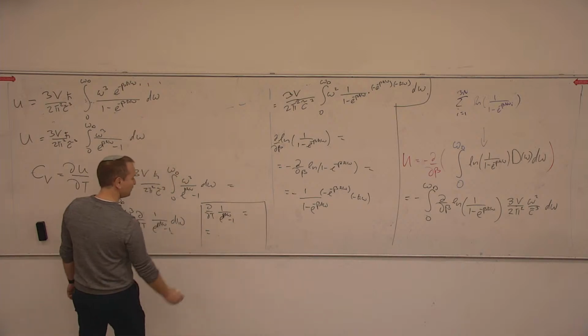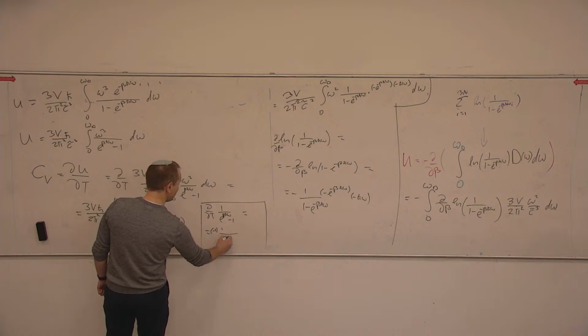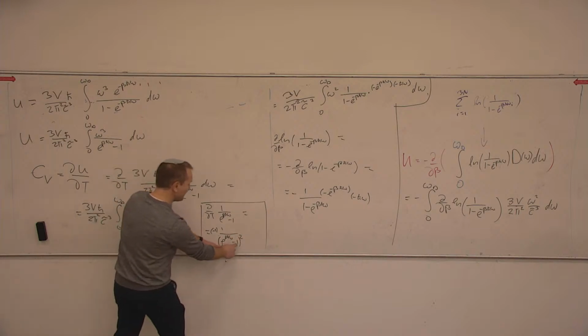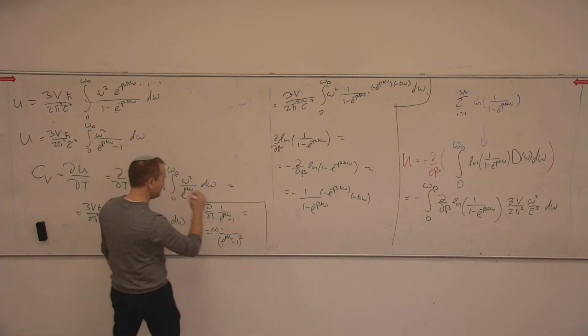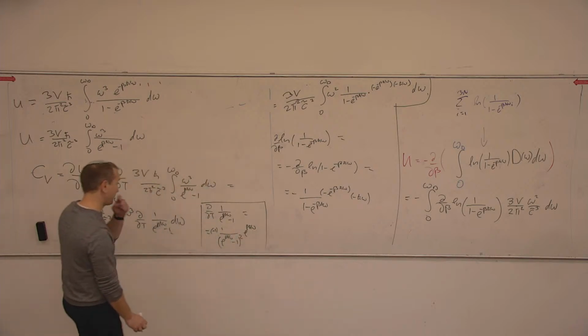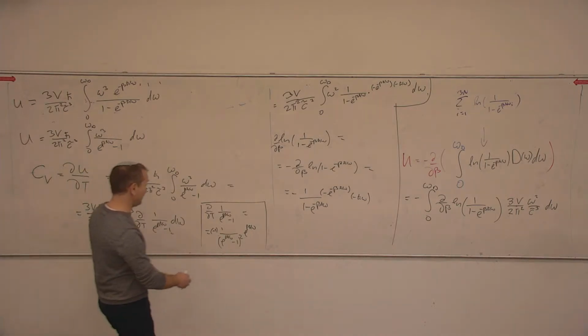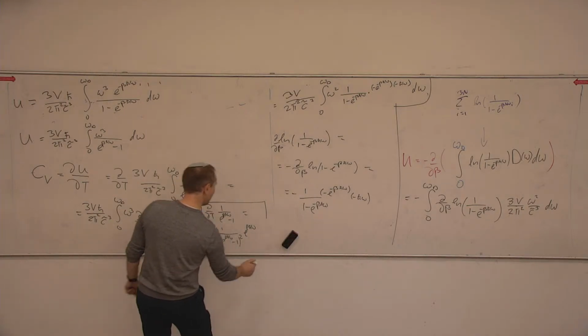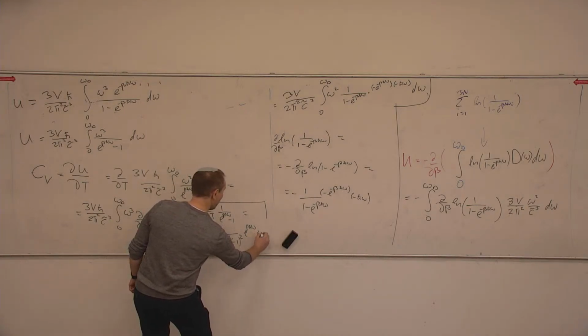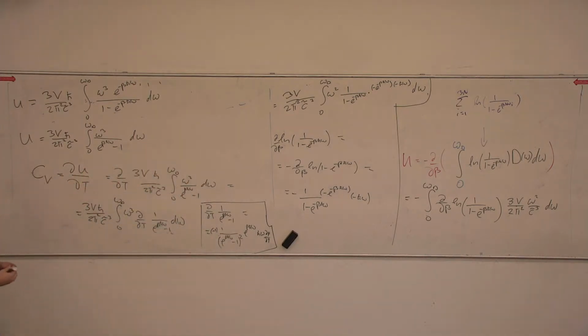It equals minus 1 over e to the power beta h bar omega minus 1 to the second power, multiplied by the inner derivative. The inner derivative is e to the power beta h bar omega multiplied by h bar omega d beta/dT.